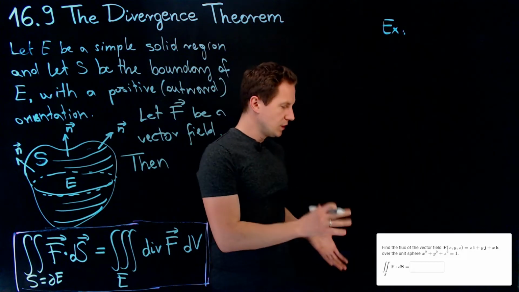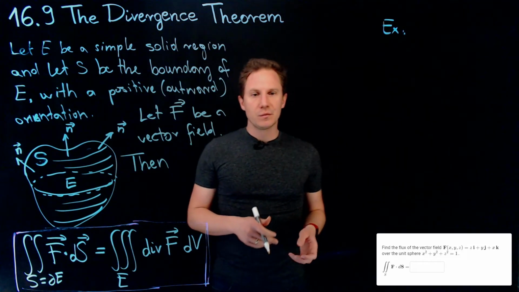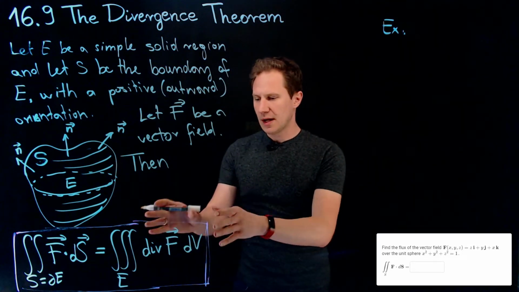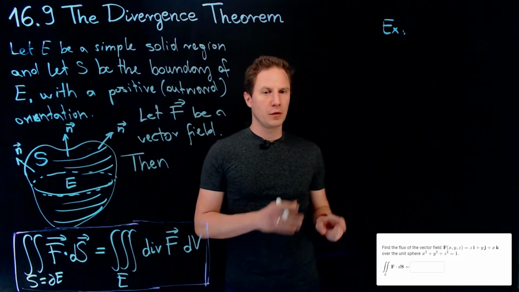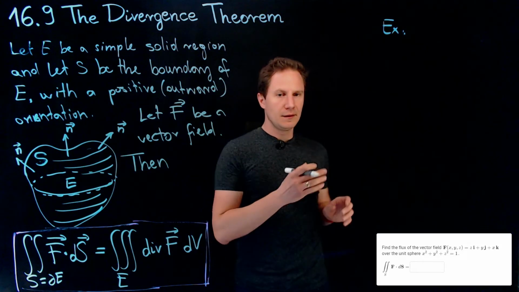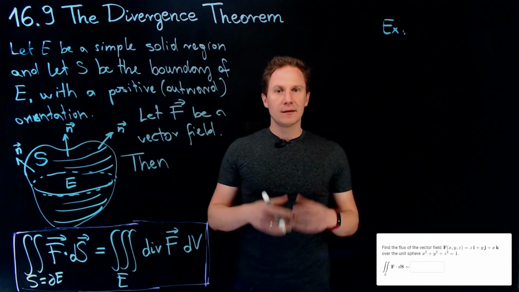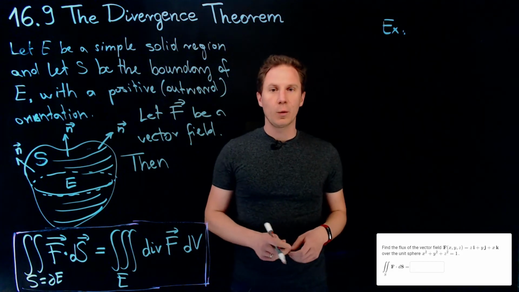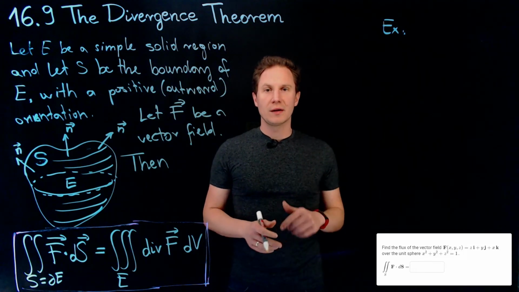So let's compute this flux using the divergence theorem. Okay, so set up the right-hand side of the divergence theorem for this particular vector field and this surface, and evaluate the flux that way. Pause the video and input your answer below.